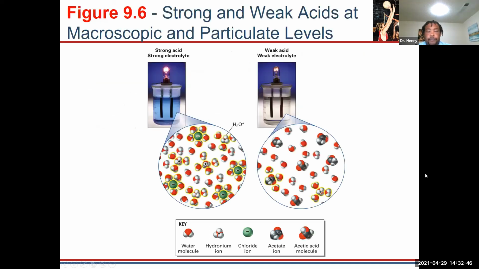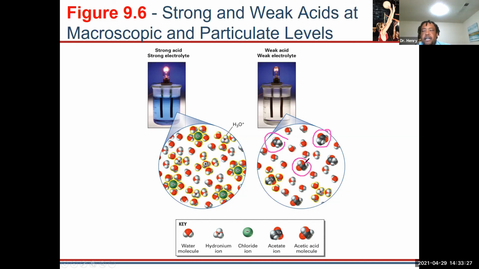So here's an example. So in a strong acid, which is also a strong electrolyte, we have hydrogen chloride. So you can see all of the chloride ions are all dissociated from the hydrogen or the hydronium ion. Okay, and so you're just having ions in here. So this guy is able to conduct electricity, where in a weak acid, the majority of these guys are still intact.